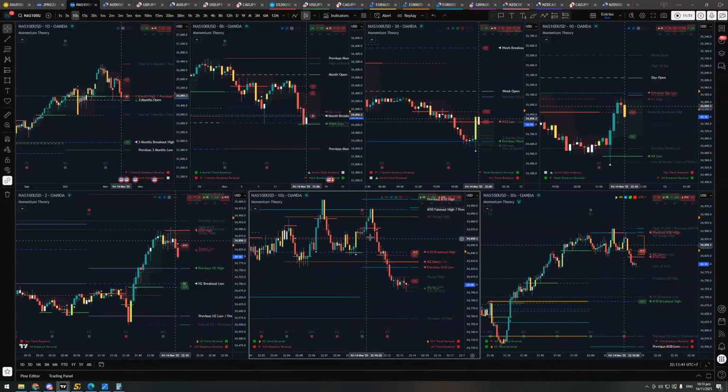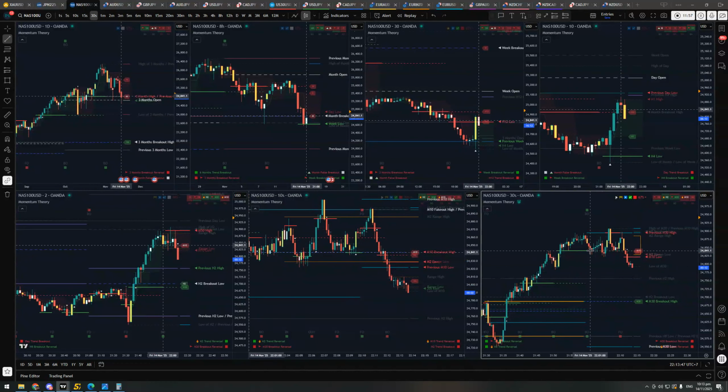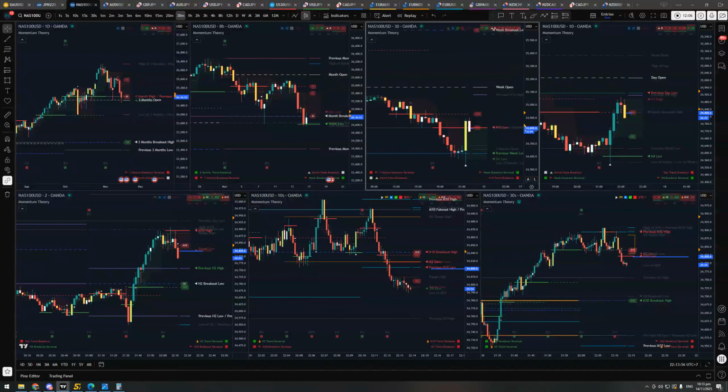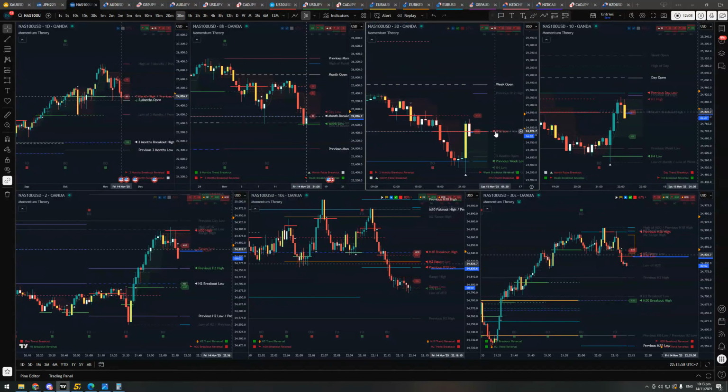And that's if I take it on the 10 seconds. But if it continues to push down, then I'd be looking for the M10 breakout level to get pushed down. And then I'd be looking for a reversal pattern on the M10. And I just want to stay above this H12, which happens to be right at that level.